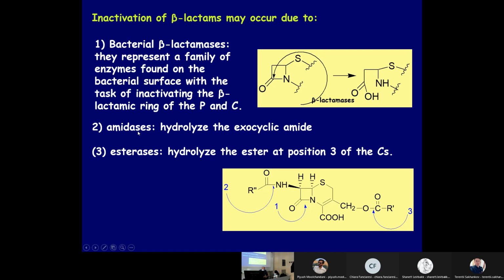There is another class of enzymes able to inactivate penicillins and cephalosporins. This second family is called amidases. Amidases are able to hydrolyze this amino group present in the side chain of penicillins and of cephalosporins.